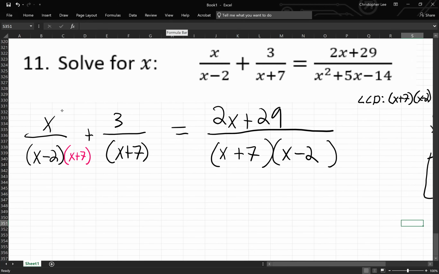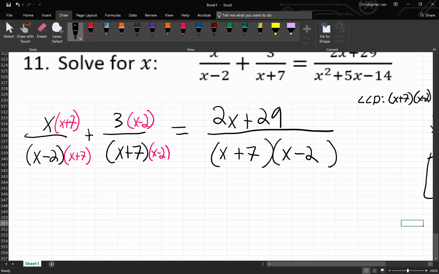You have to solve the LCD for 0 to find the excluded values, then you're going to compare your answers in the end. So yeah, we're going to multiply by X plus 7. We do to the bottom, we do to the top. What about the next term? X minus 2, right? And we do to the bottom, we do to the top.